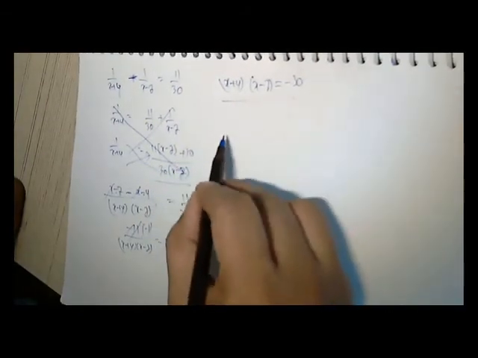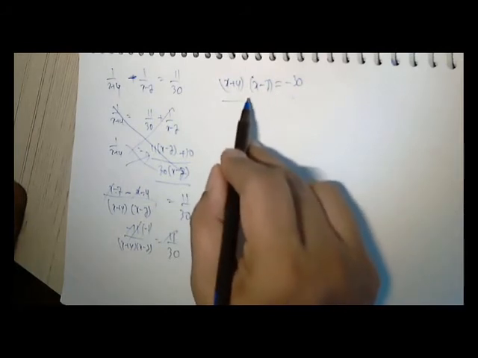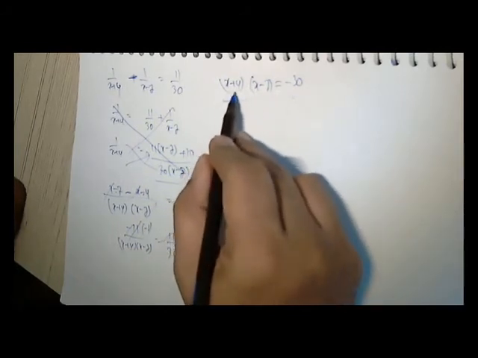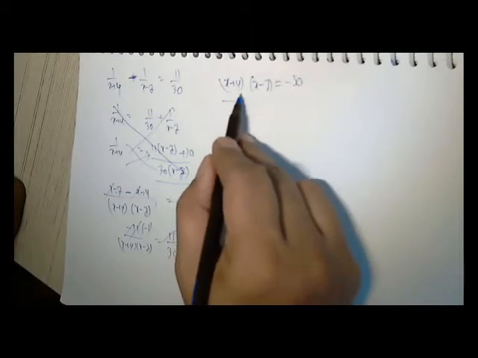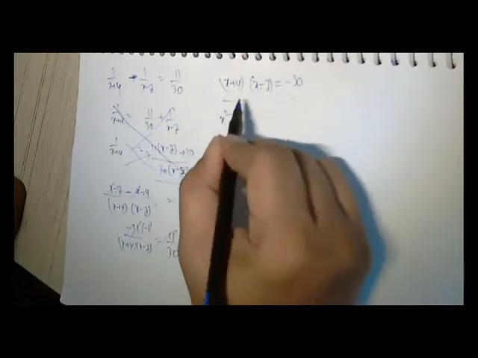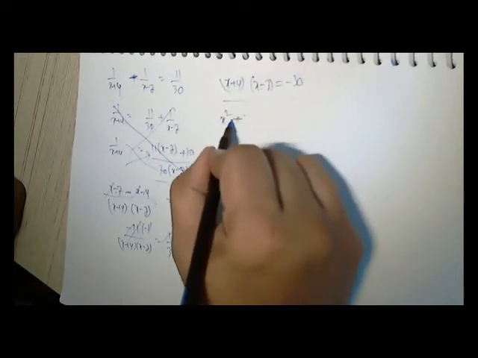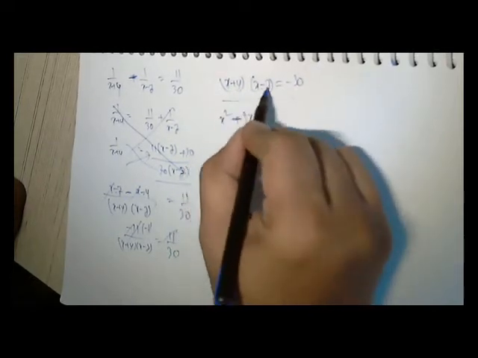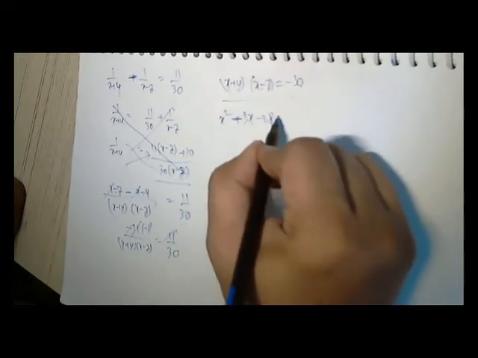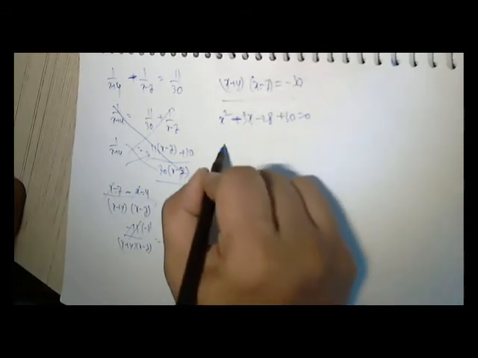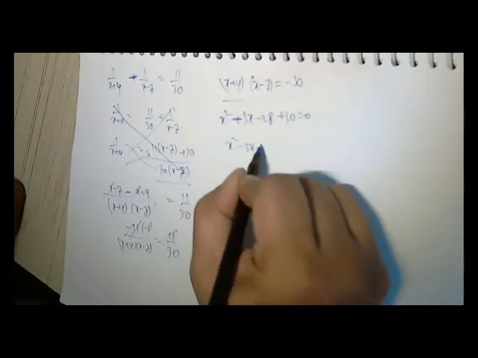I can know the roots straight away, but anyway I expand this. x square plus 4x minus 7x is minus 3x, minus 28, plus 30 is equal to 0. So x square minus 3x plus 2.